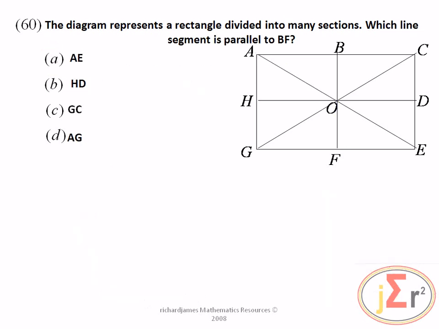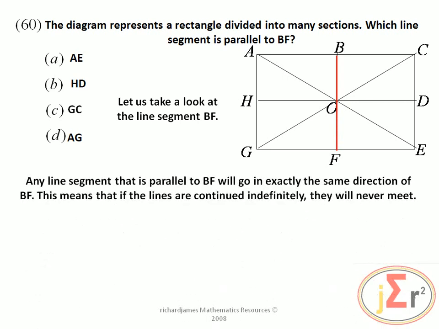Which line segment is parallel to BF? So which line segment is parallel to BF? Where is BF? Let us take a look at the line segment BF. That's it. That's our line segment BF. Which one is parallel? What do we mean by parallel? Any line segment that is parallel to BF will go in exactly the same direction as BF.